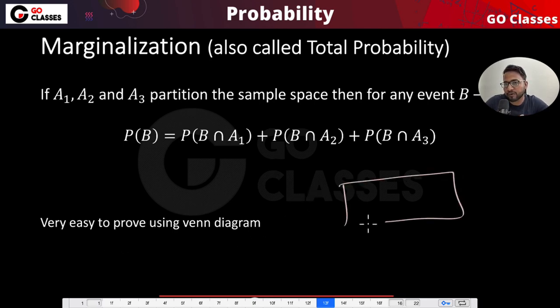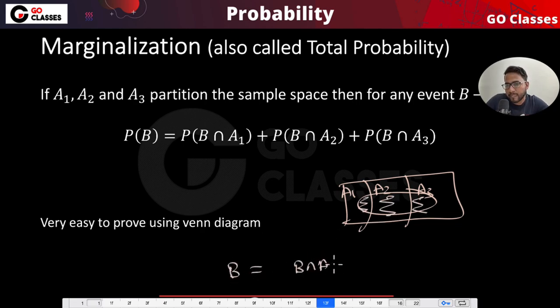Using the Venn diagram, this was B, this is A1, this is A2, this is A3. And we said this is B intersection A1, B intersection A2, B intersection A3, which means B can be written as B intersection A1, union, B intersection A2, union, B intersection A3.